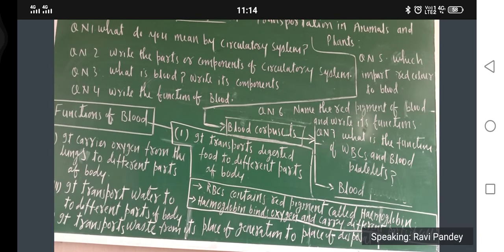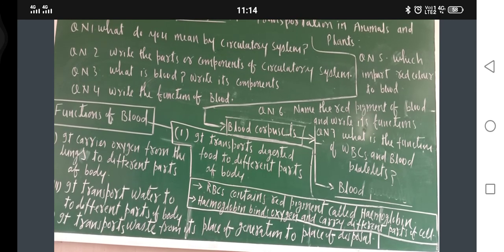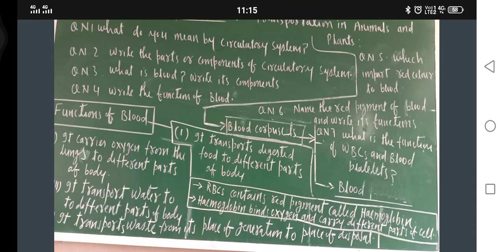That is why it is advised, especially to ladies, to eat iron tablets. Because if iron is not there in hemoglobin, then the functioning of the blood will be severely affected. Since in our syllabus they have not discussed, that is why I have also not discussed.